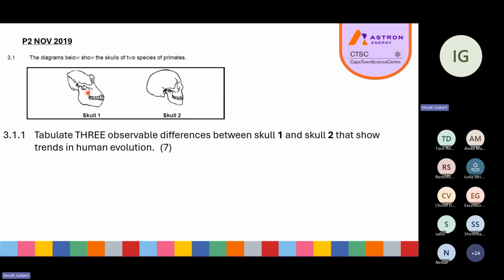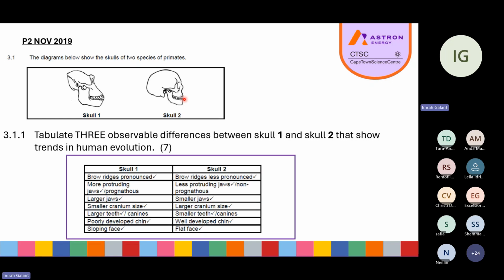And then what I also notice is there are more pronounced brow ridges in skull 1 and less pronounced brow ridges in skull 2. So in skull 1, it mentions the brow ridges. It says more protruding jaws or more prognathous jaws, and skull 2 less protruding or less prognathous. And then it mentions smaller cranium size in skull 1, larger cranium size in skull 2.